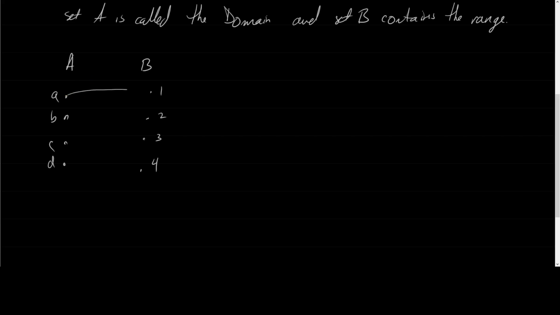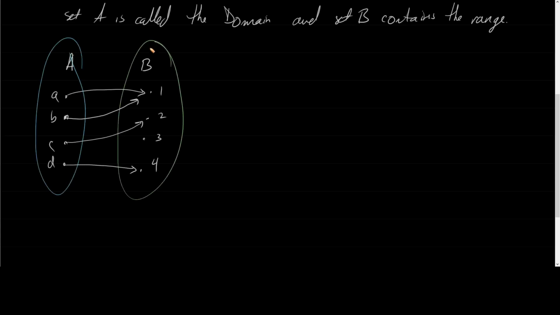Let's make A go to 1, B also go to 1, C go to 2, and D go to 4. These are my two sets; perhaps I'll draw them this way. This is set A, and this is set B. In here, this is a function.